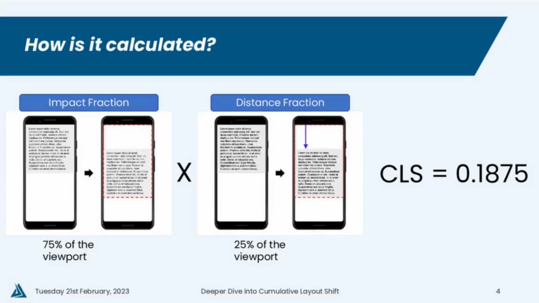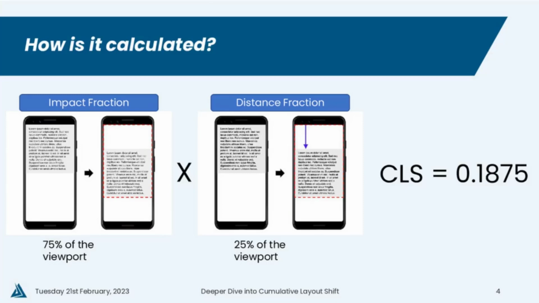So you're going to multiply the 75% times 25%, and you're going to get a score of 0.1875 for your CLS score. Now, keep in mind, that is one shift. It's a pretty huge shift because it's taking up so much of the viewport in this example, but this is one example of this. And if this was your score at the end of the day, Google would say this is too high. This would already be in the needs improvement range.